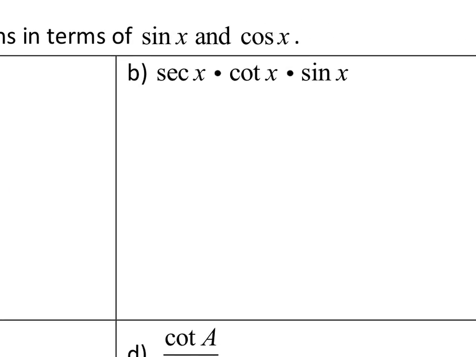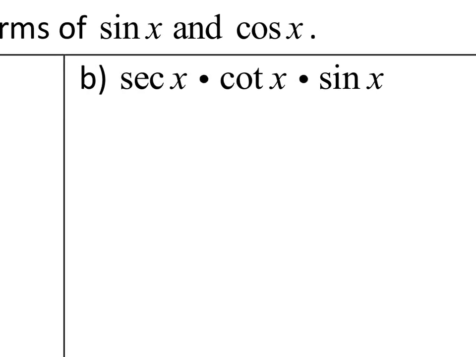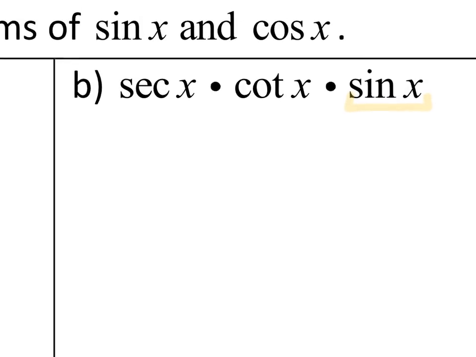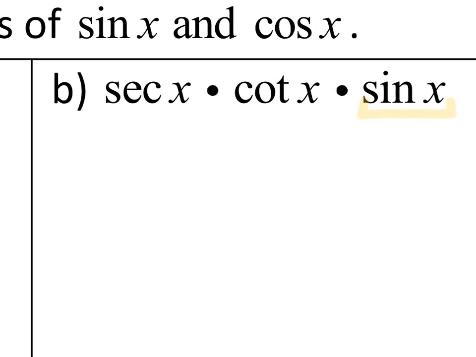Now in part B, I don't need to do anything yet to change the last factor here that is already sine of x, but I'm going to rewrite secant and cotangent, and I'll start with secant of x, and secant of x is 1 over cosine of x.